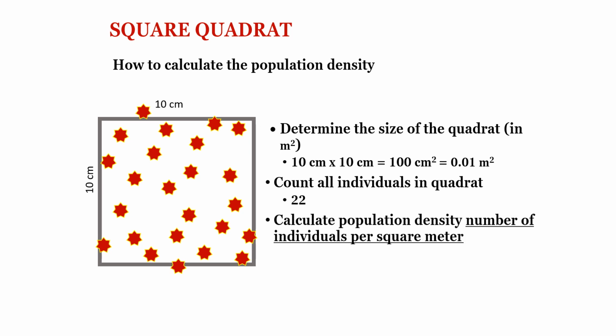Then, putting in the formula, population density is equal to the number of individuals per square meter. So number of individuals 22 and the area 0.01. So the total population density of this particular flower is 2200 flowers per square meter.